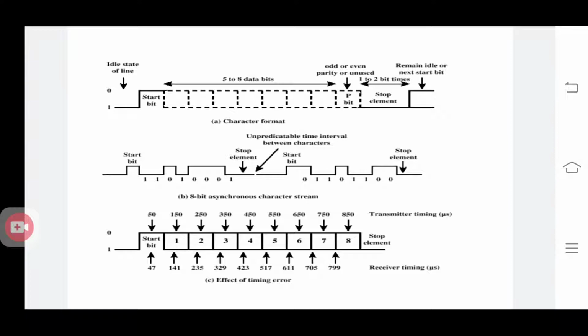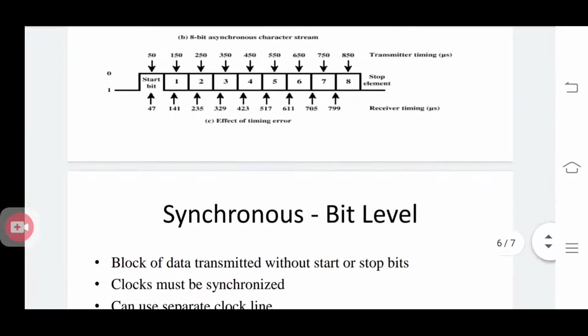So for every character there is a start bit as well as a stop element. The first character is in between a start and stop bit. You can see the next character is also in a start and stop bit, but between these two characters there is an unpredictable time interval. So actually it is an asynchronous transmission. There is no synchronized manner. So these are all about asynchronous transmission.